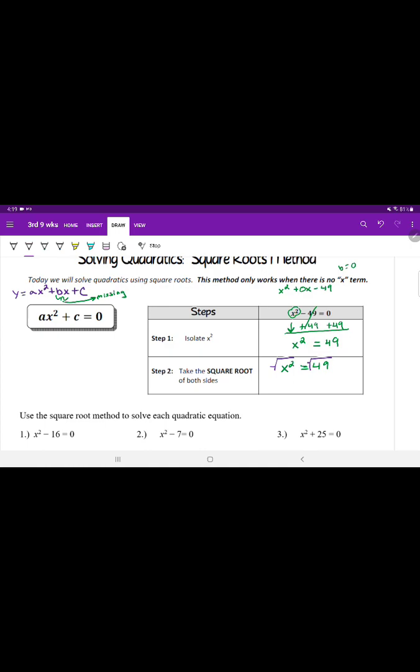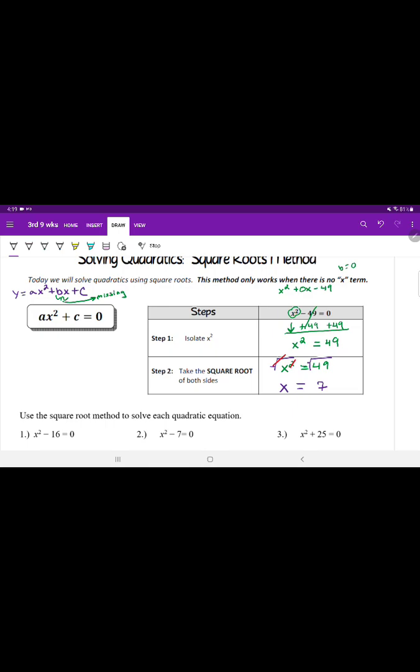And we know from algebra, when they're opposites, they annihilate each other, they cancel out. So this radical, the square root, will cancel out our power 2, and then we're just left with the x. Then of course, square root of 49 happens to be a perfect square, which means that it is a 7. Square root of 49 is 7.